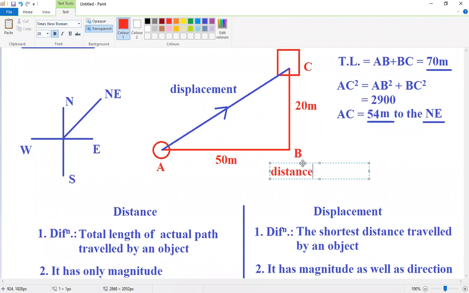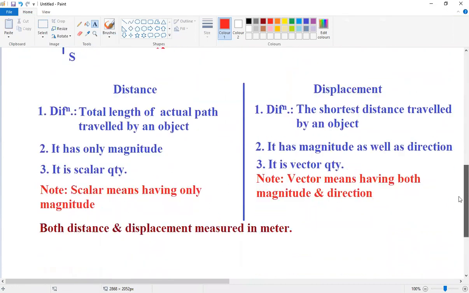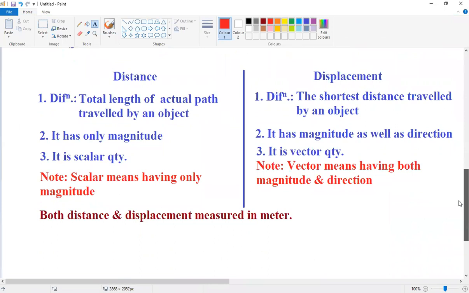Okay, this is distance and this is displacement. Done.